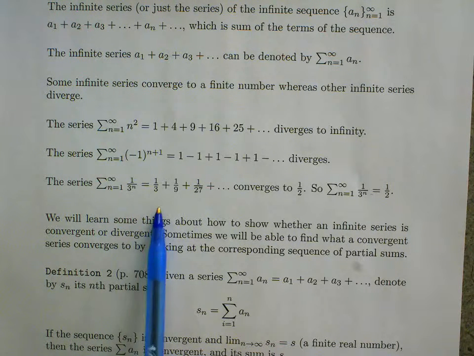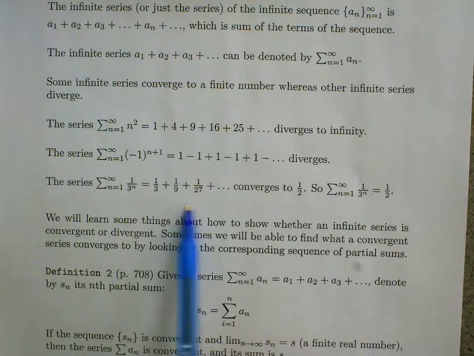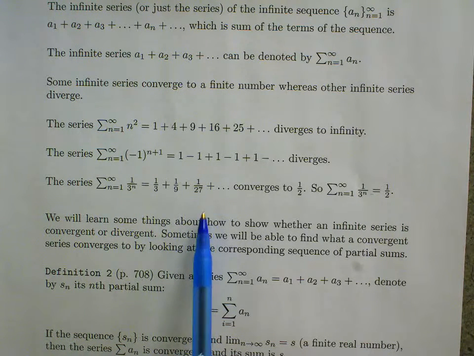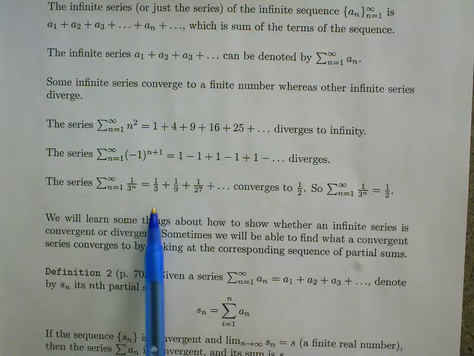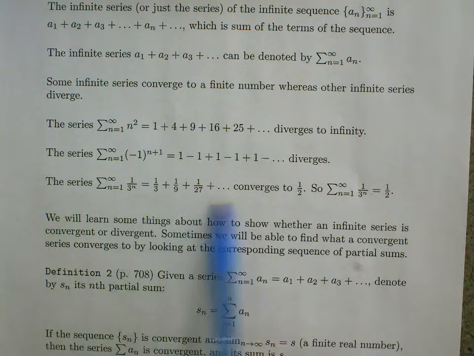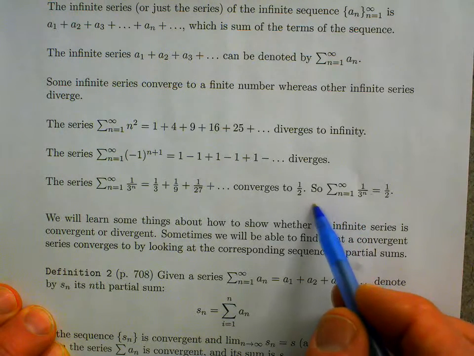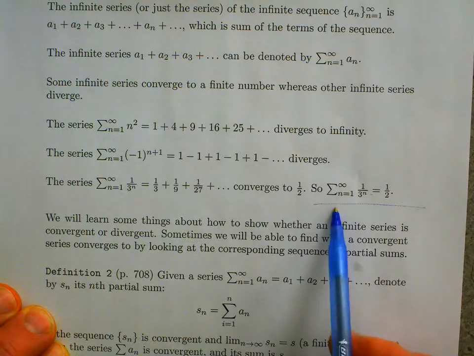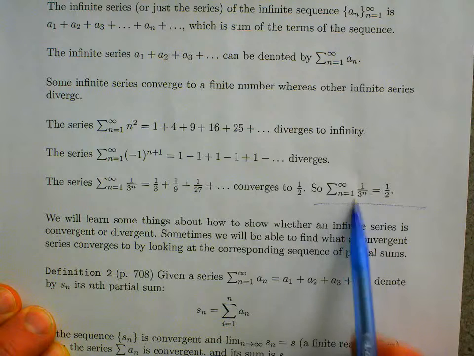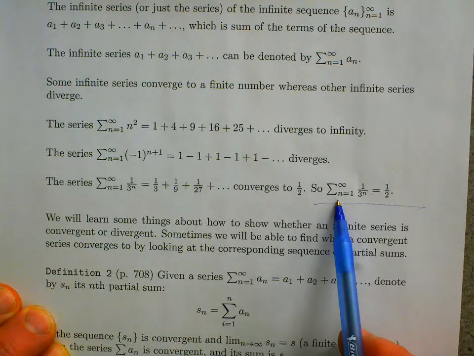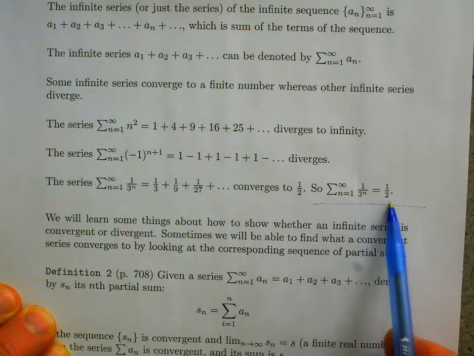The first few terms are 1/3 plus 1/9 plus 1/27, and so on. This converges to 1/2. So we can write it this way: the infinite series of 1 over 3 to the n as n ranges from 1 to infinity equals 1/2.